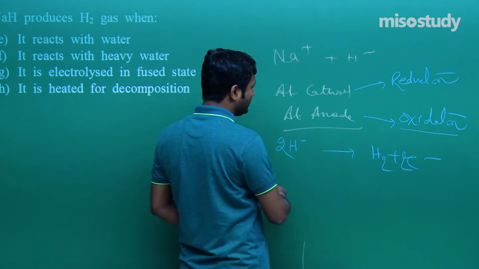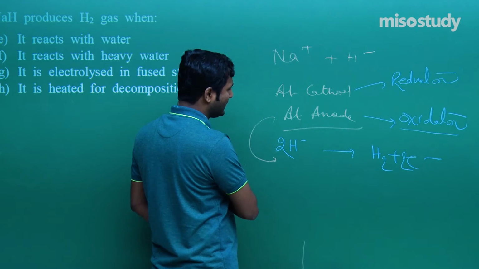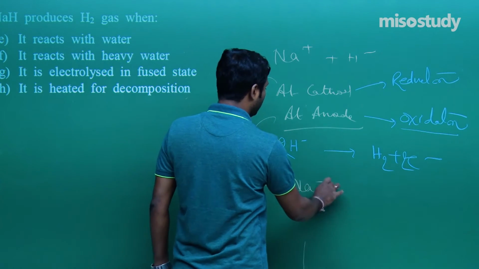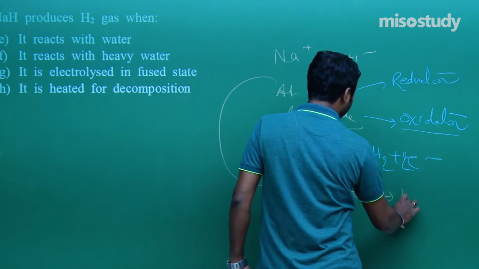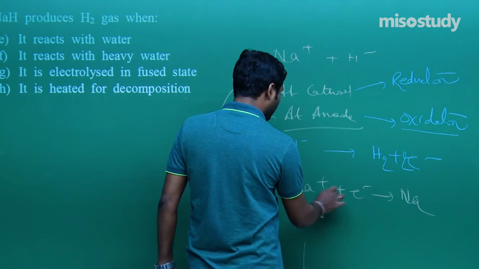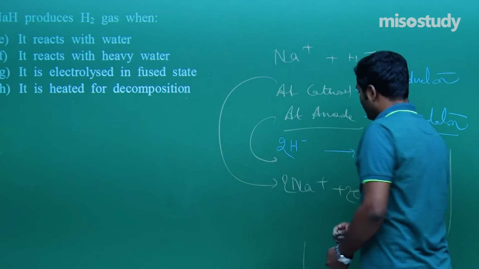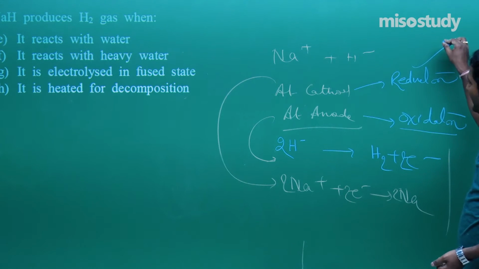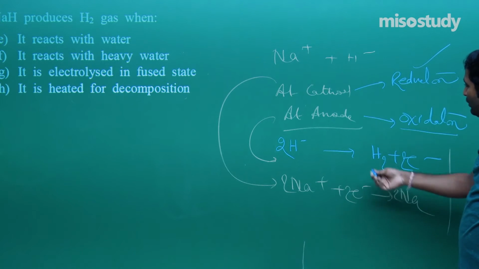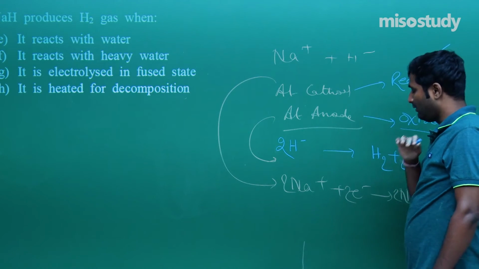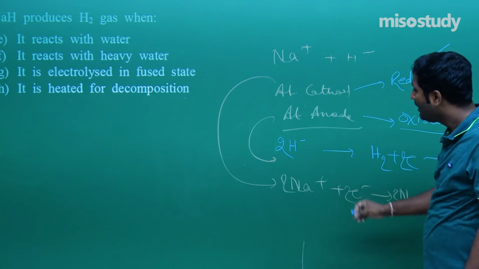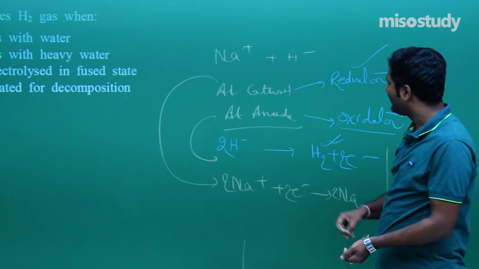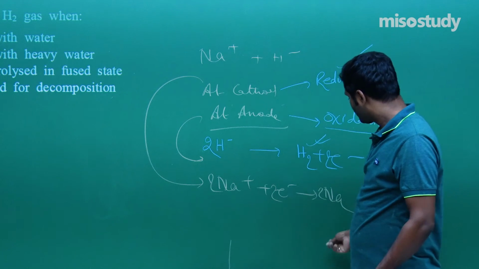At anode we get H2, and at cathode, Na+ plus 1 electron gives you Na. Balancing the reaction, 2Na. So we can say at cathode we get sodium, and at anode we get H2, where oxidation takes place.